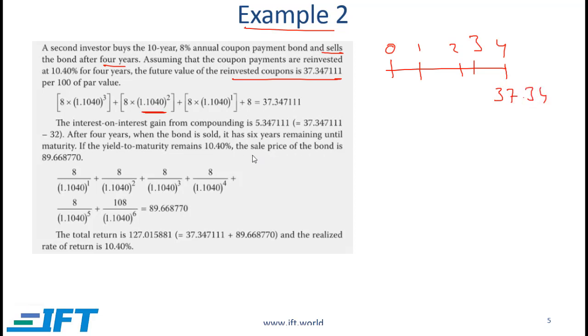The price of the bond over here, if it is following a constant yield trajectory, is 89.67. The total return is 127.0158, and given that same initial investment of 85.5, the realized rate of return is 10.4%.